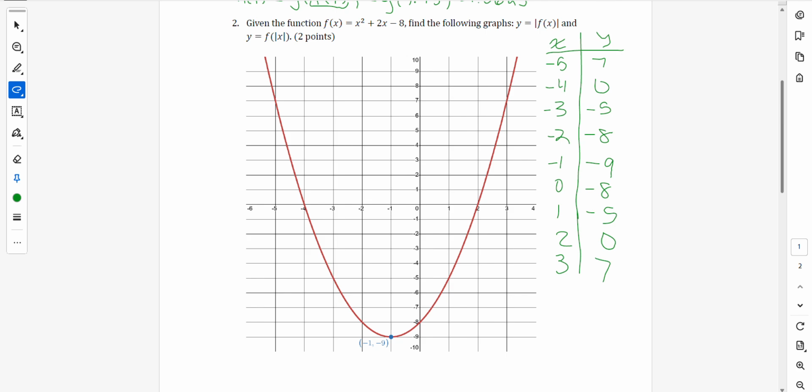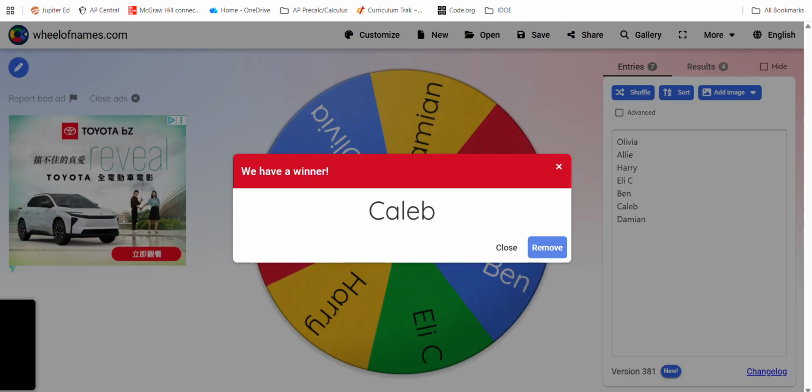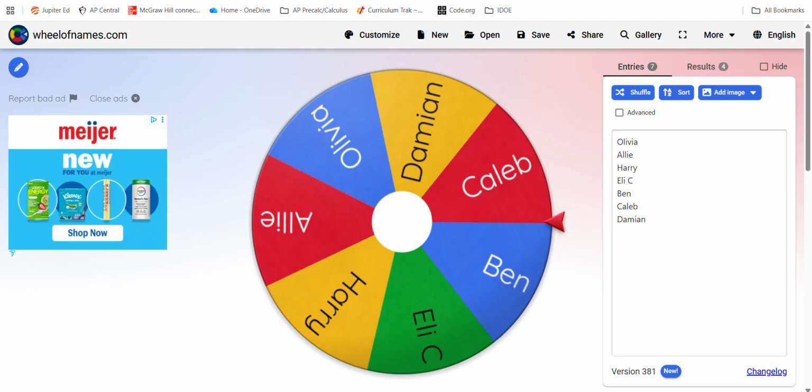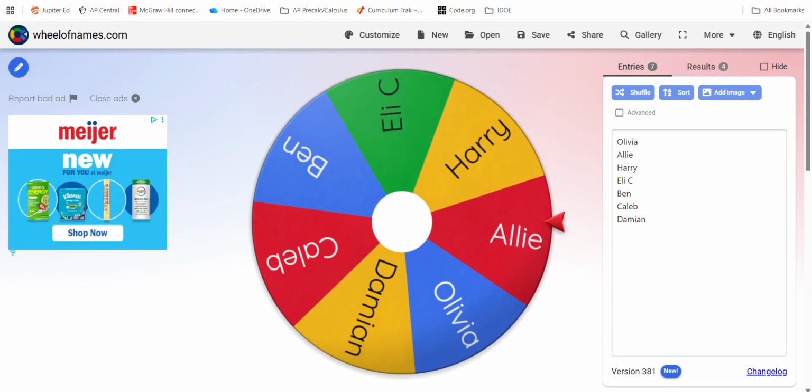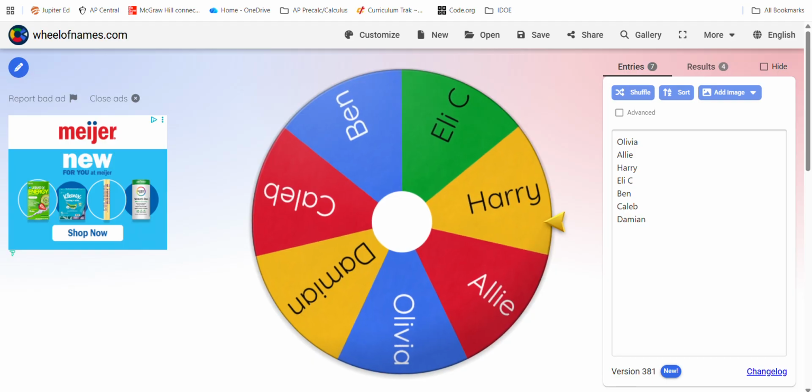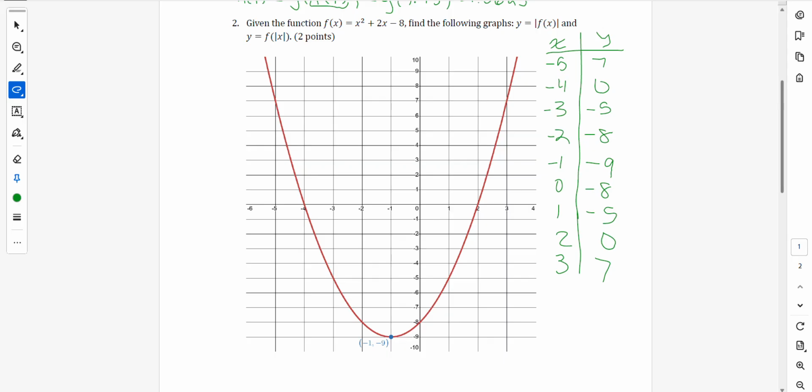Now, what does the first graph mean? Or the first equation? The y values would not be negative. So we're essentially taking all of these negative values and making them positive.